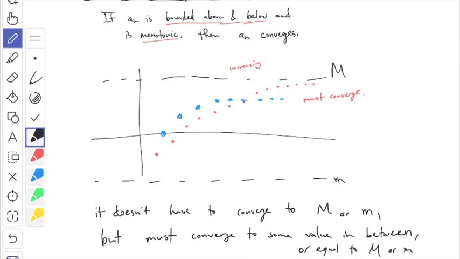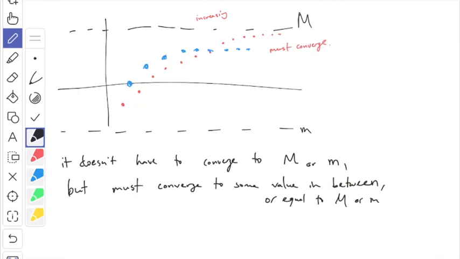Right? It could approach the big M and converge to the big M. Even if M was an upper bound, so each point individually cannot equal M, but they can still approach and converge to M. But it doesn't have to. Any value in between the two bounds.